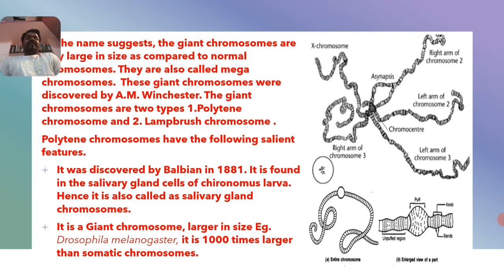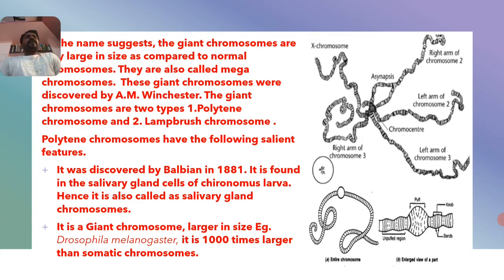Larger in size. Example, Drosophila melanogaster. I think you have heard of this; it is commonly called the fruit fly. The giant chromosome produced in Drosophila melanogaster, mainly in the salivary gland, is 1,000 times larger than somatic chromosomes.